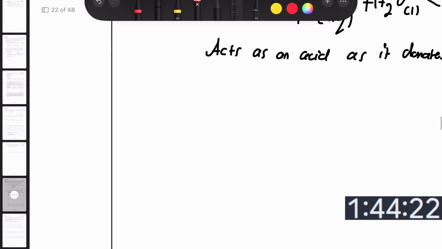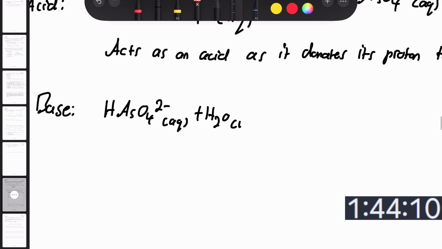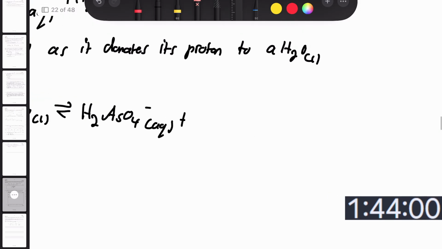And then for the base, we'll say base, and then again HAsO4 2 minus plus H2O gives H2AsO4 minus aqueous plus OH minus.